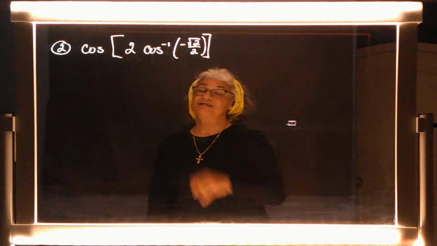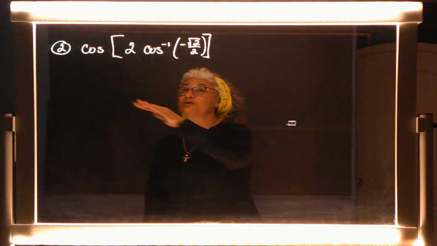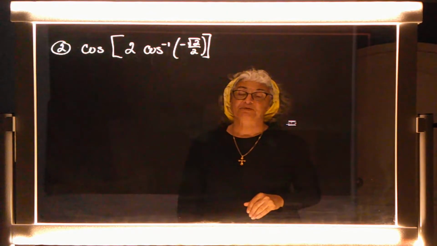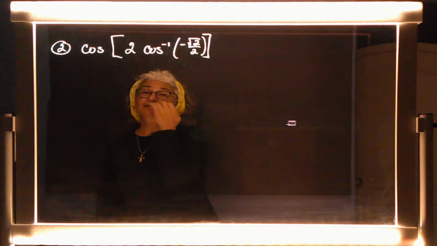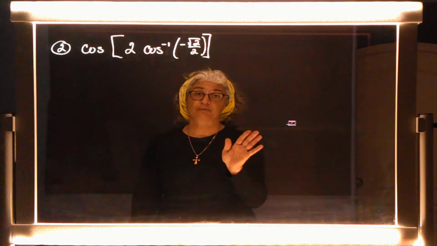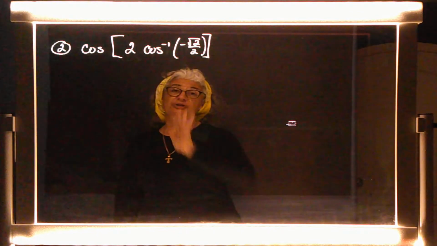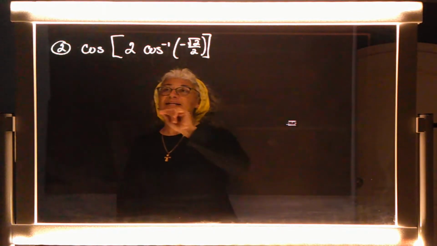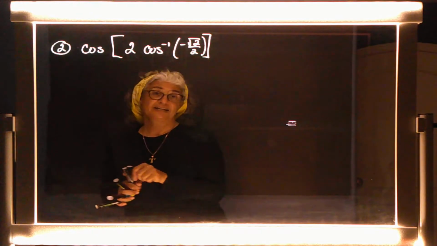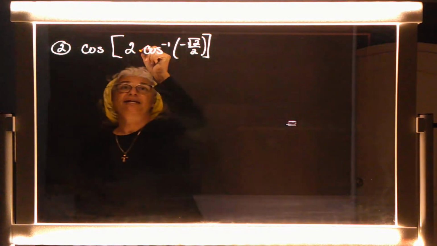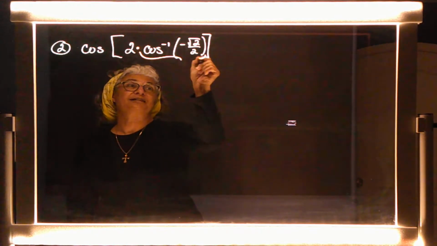No surprise, I got another one. Okay, so let's look at this next problem. They're asking us to find the cosine of what's in this bracket. I have recognized that cosine does not have a negative 1 attached to it up here, so we're good. In the bracket I'm taking 2, and again I have a multiplication problem, and it's being multiplied by this thing.